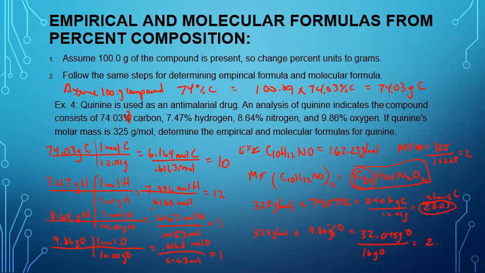So again, 2.003. So hopefully you can see that this number matches with this number. So you can simply take the percentages. If it's asking you only to solve for a molecular formula, multiply the percentage of each element by the molar mass of the compound. That'll tell you the total mass for the element, and then divide by its molar mass to get it into atoms.